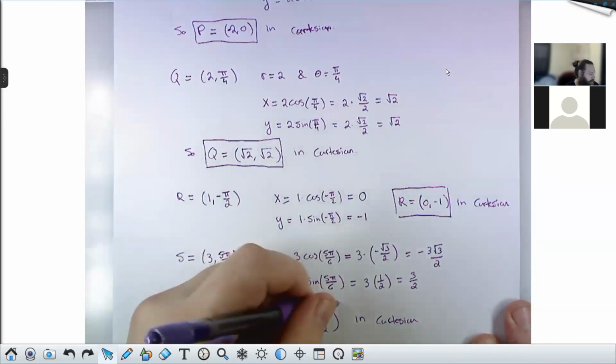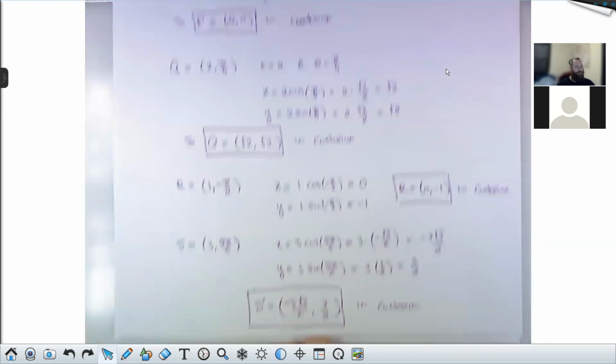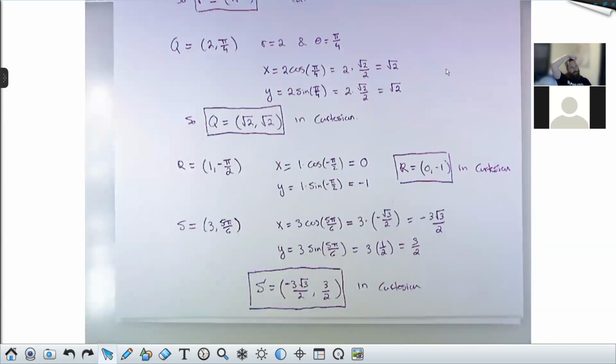So this is not hard, right? Going from polar to Cartesian coordinates, you just plug into those trig formulas I gave you. X equals r cos theta, y equals r sine theta. Nothing fancy. I want to talk about going back the other way, going from Cartesian into polar.